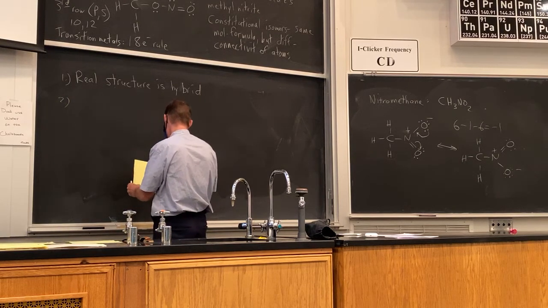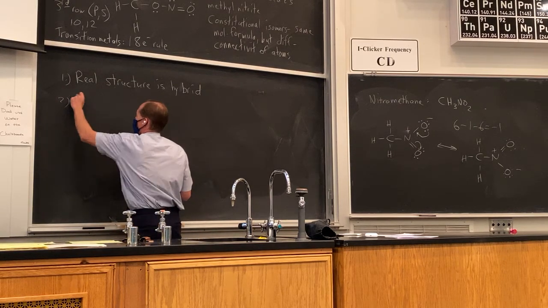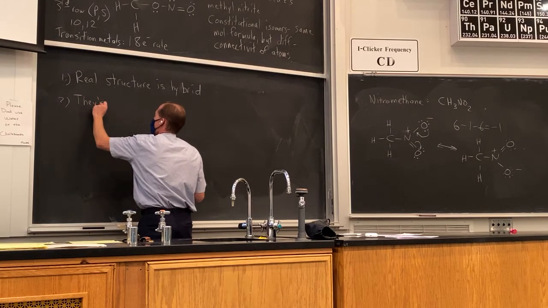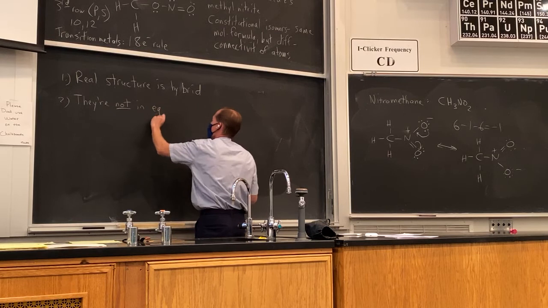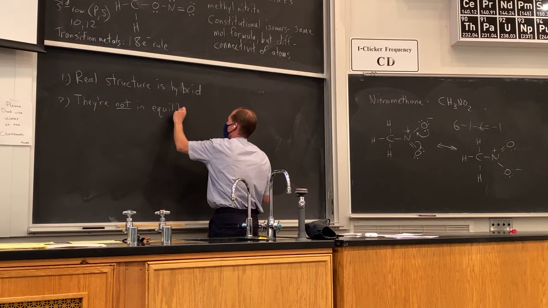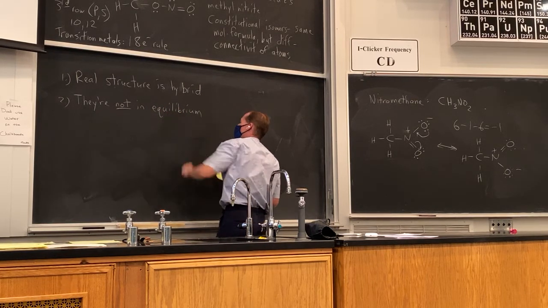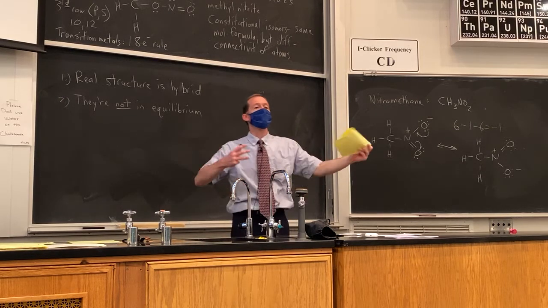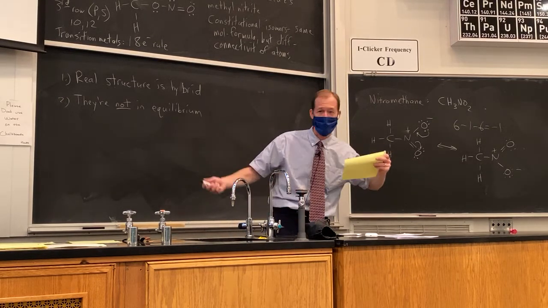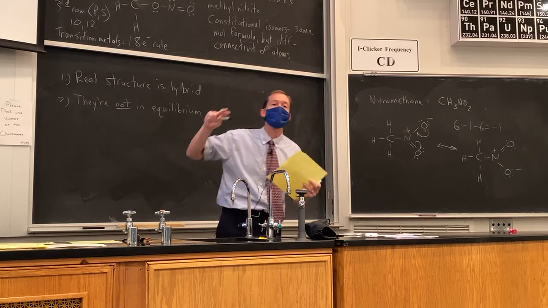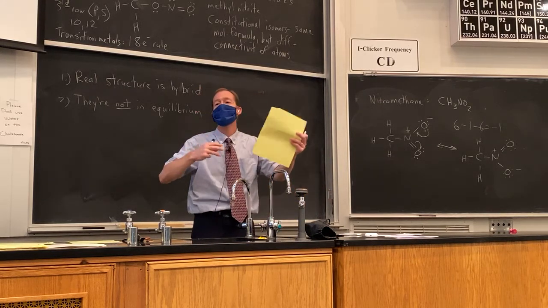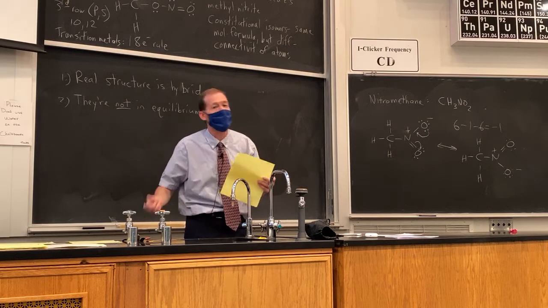The second point to remember is that resonance structures are not in equilibrium. They are not interconverting. If resonance structures represented two compounds that were interconverting, then with ozone, we would have two different bond lengths, and those bond lengths would be oscillating or switching back and forth.